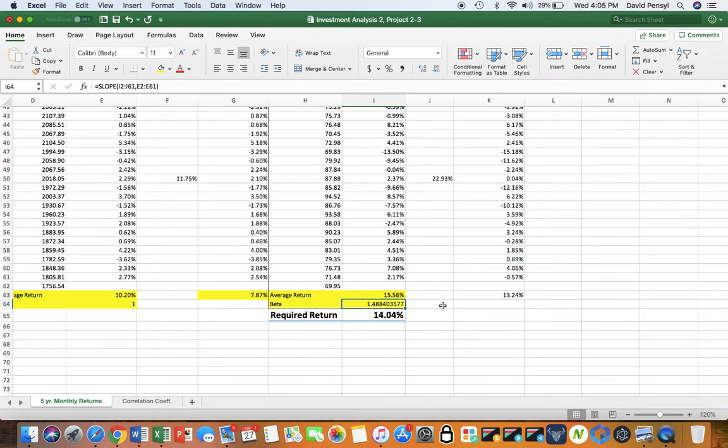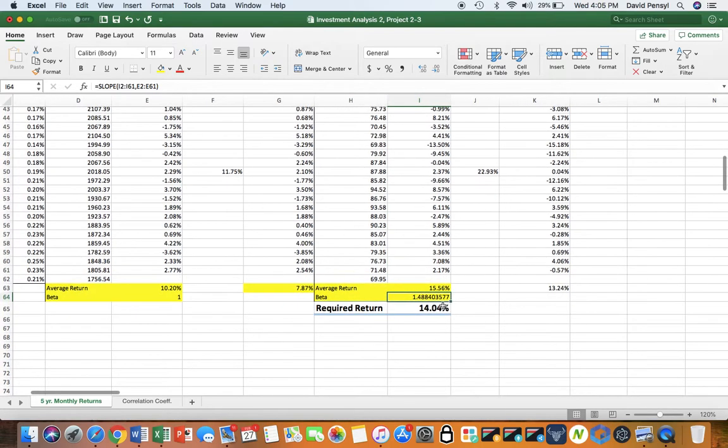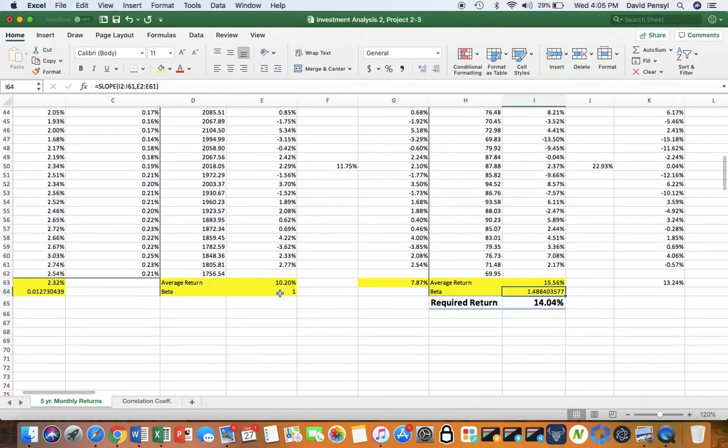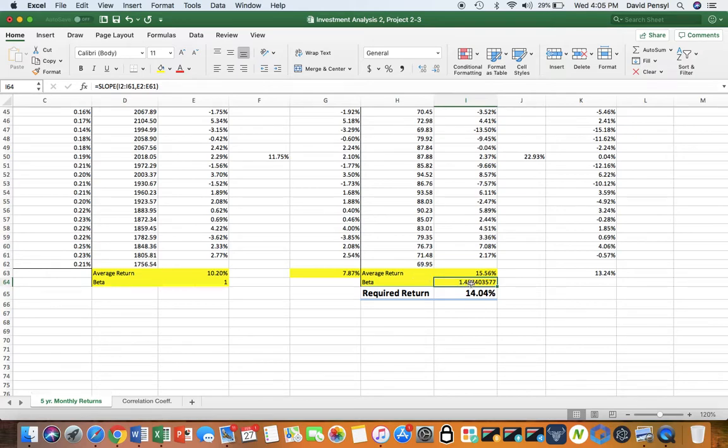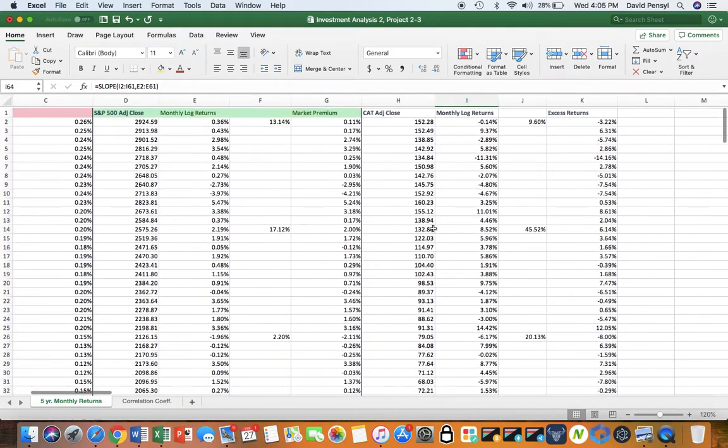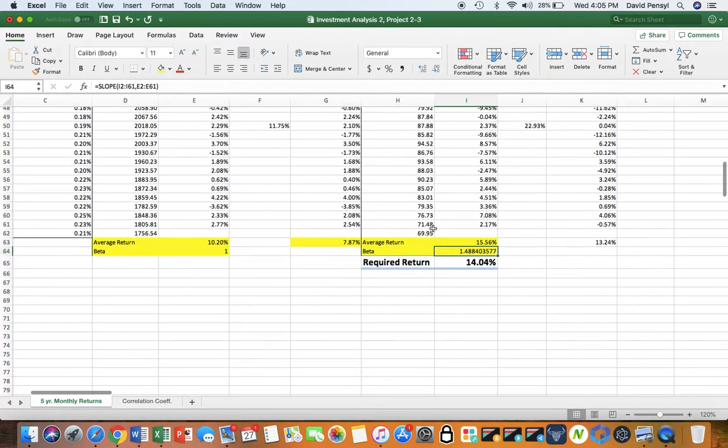So our beta is 1.49, which makes a lot of sense, because the beta of the market was 1, giving 10.2%, and this beta is almost 1.5, and we had a return of 15.56%. So that actually made a lot of sense. It doesn't always work out that perfectly, but it was pretty close here, so that's pretty good.